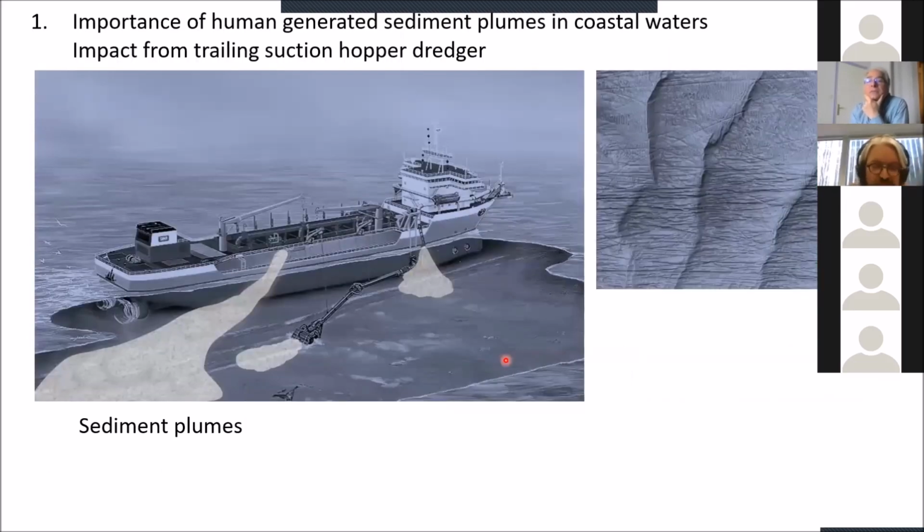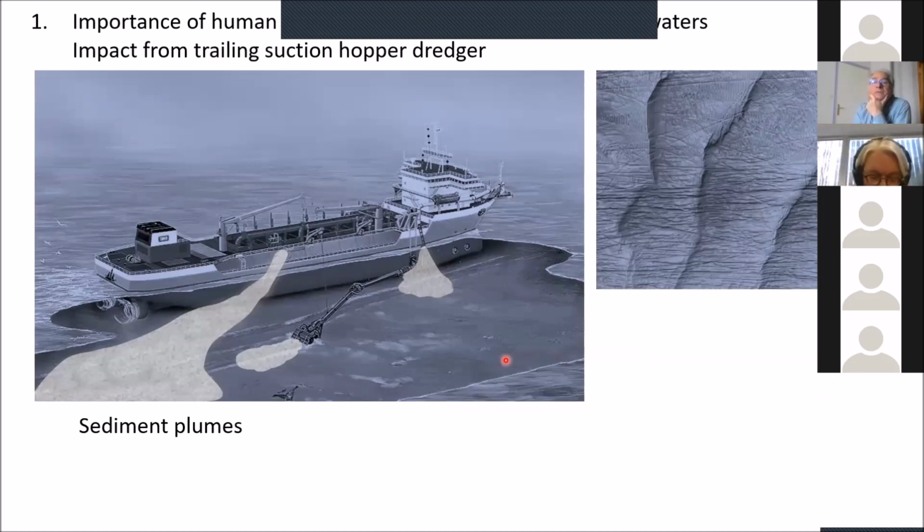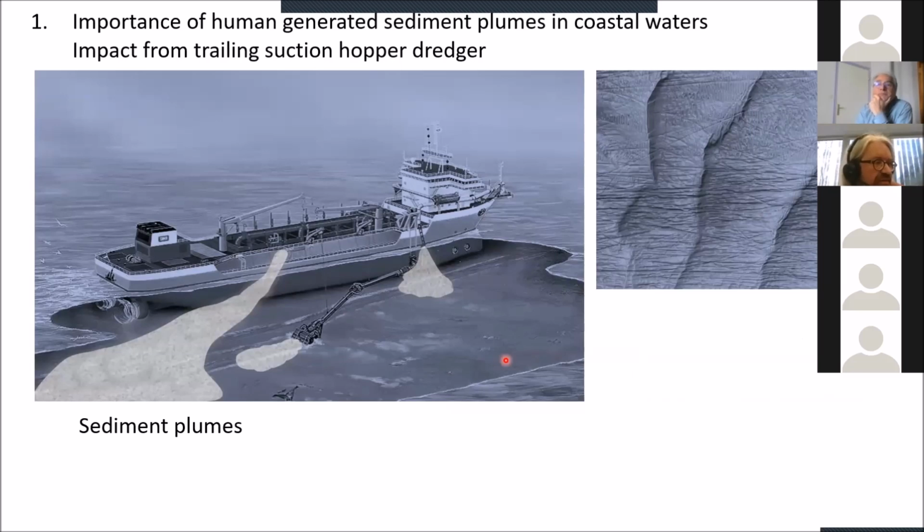So Mark, Florian, and I all work for the Continental Shelf Department of the Federal Public Service Economy, and our main task is to control and manage the impact of sand extraction. That's why we focus mostly on the impact from trailing suction hopper dredgers on the Belgian continental shelf.